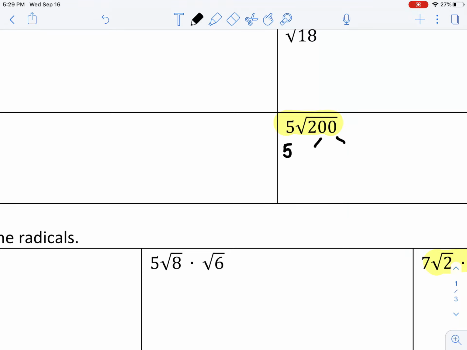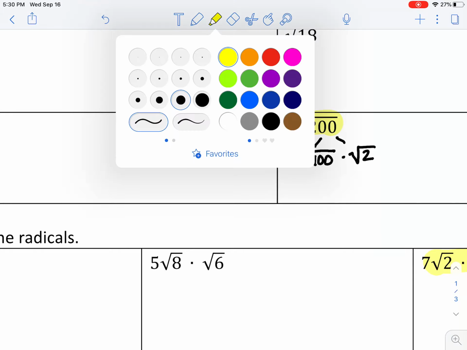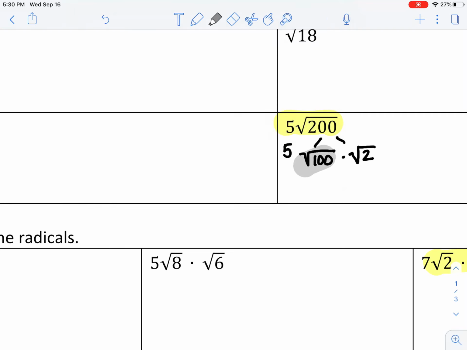But we want the largest, so we're going to use square root of 100. So we do square root of 100 times square root of 2, and then the 100 gets out of the radical as a 10. So this would be 5 times 10 times radical 2, which would be 50 radical 2.